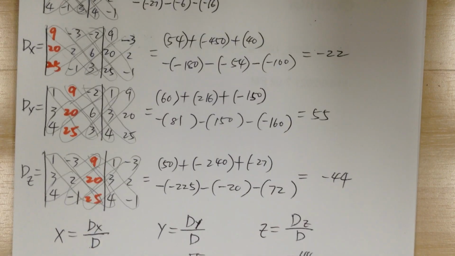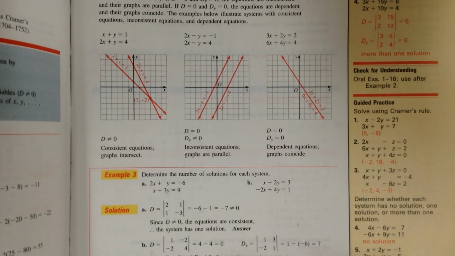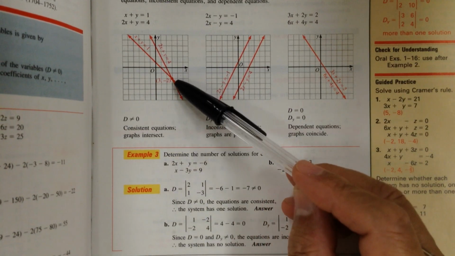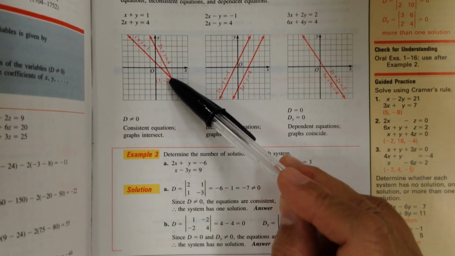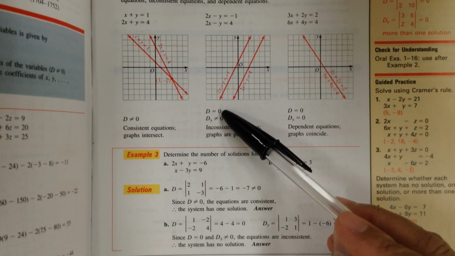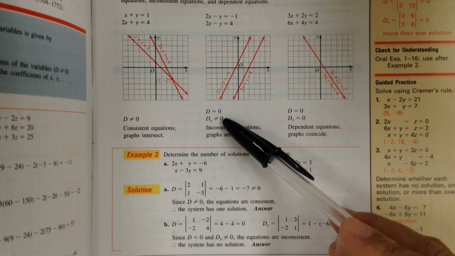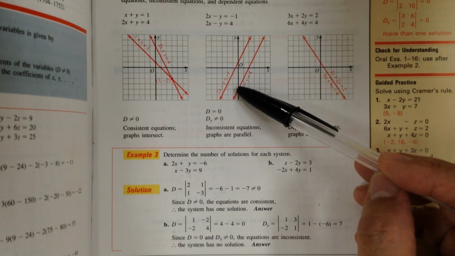Okay, now as you're using Cramer's rule, sometimes there are different situations. So when d is not equal to 0, then you're going to get one answer. Now when you have d equal to 0 and dy not equal to 0, then you're going to get an inconsistent equation.